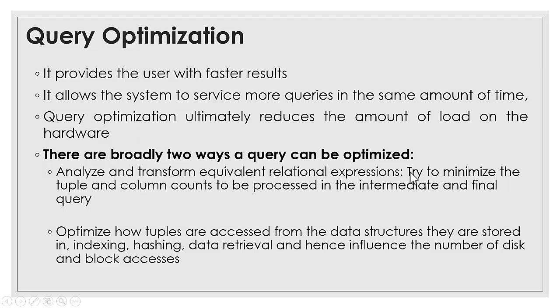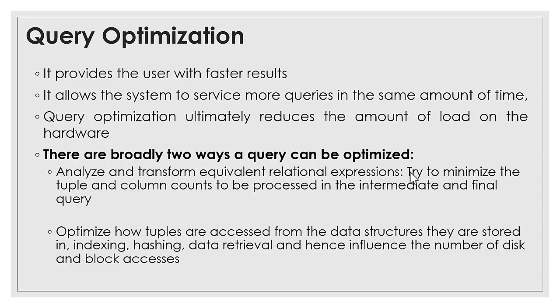The first way, we analyze and transform the equivalent relational expression. In this step, we try to minimize the tuple and the column count to be processed in the intermediate or the final query.